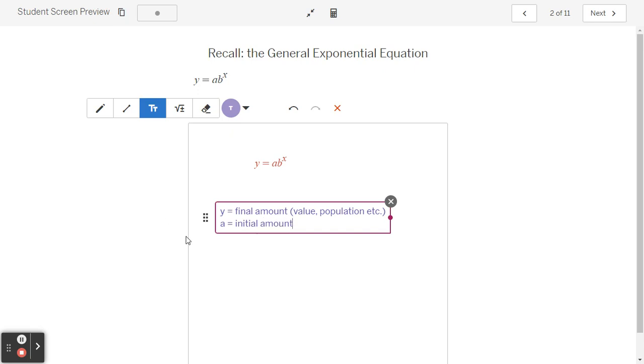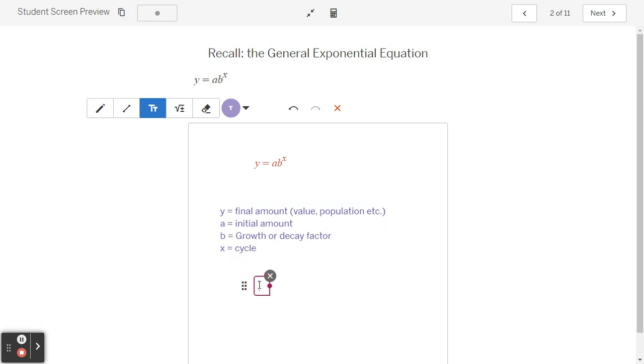Once again, these two are related. So if we're talking about value, this is the initial value or initial population. B is our growth or decay factor, depending on whether this is growth or decay. And x is the number of cycles.